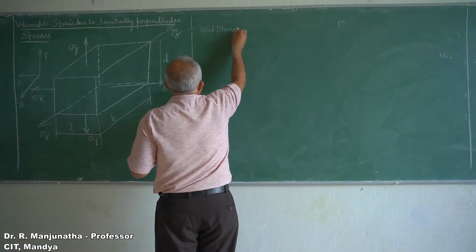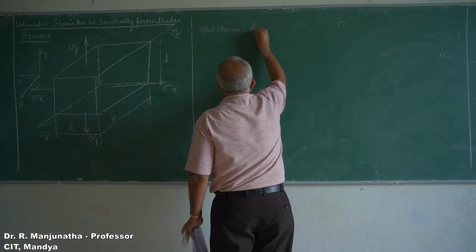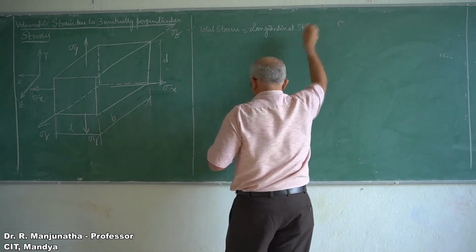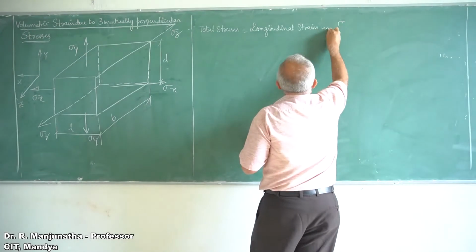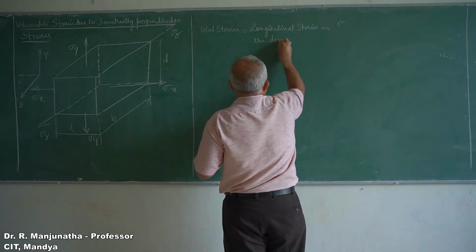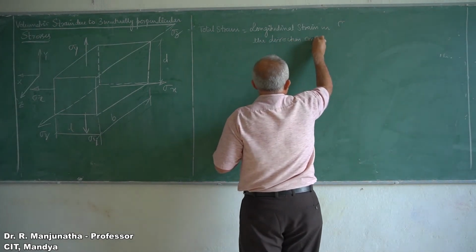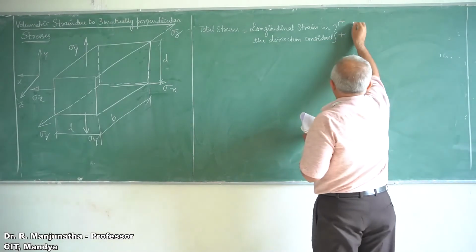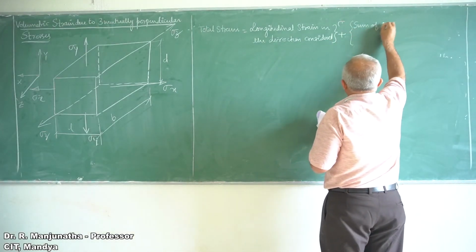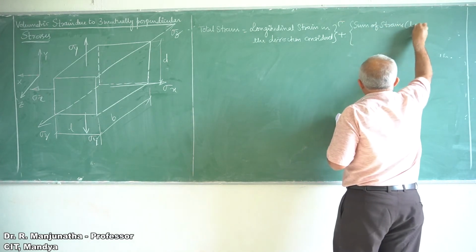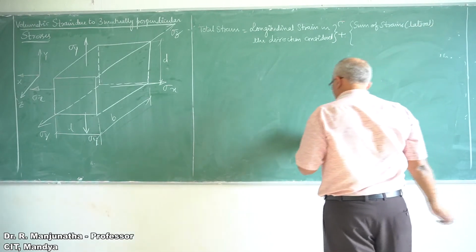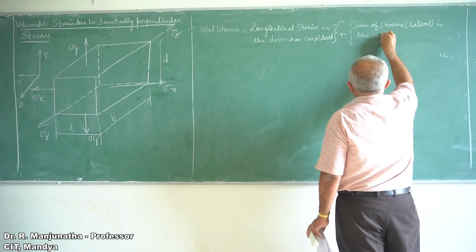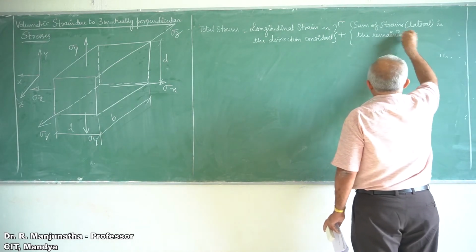Total strain will be equal to longitudinal strain in the direction considered, plus sum of strains, which is lateral, in the remaining two directions.